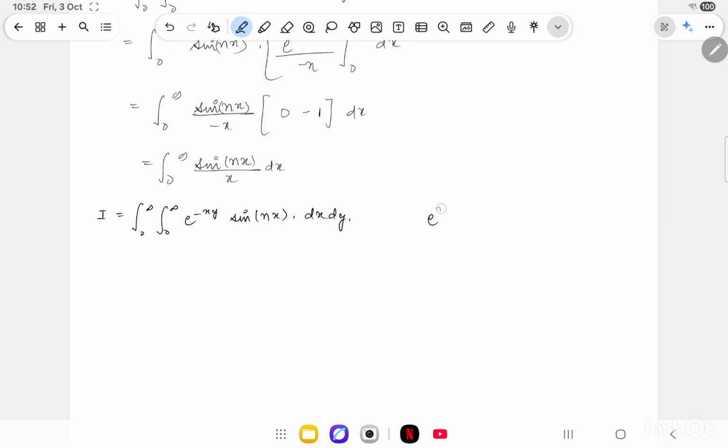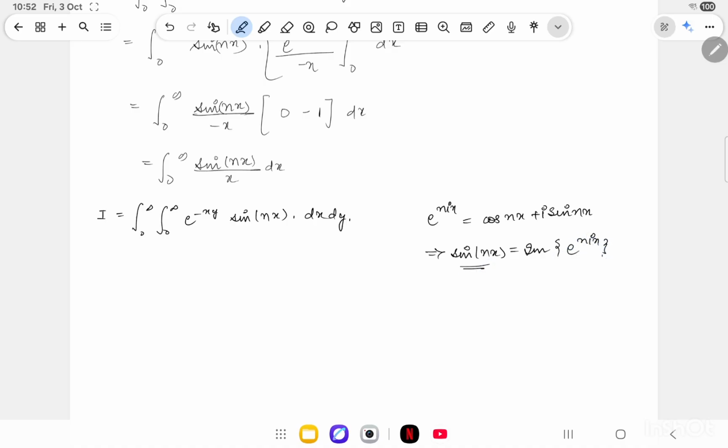Now we know that e raised to inx is equal to cos nx plus i sine nx. So from here we can say that sine nx is basically the imaginary part of e raised to inx.